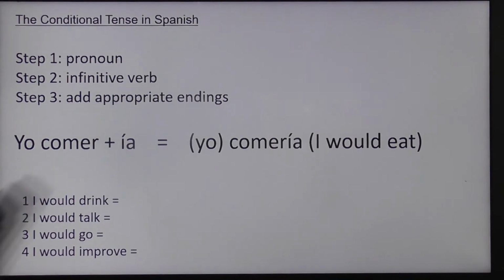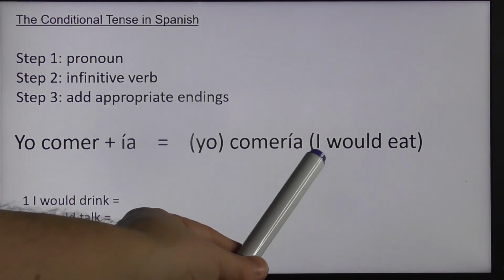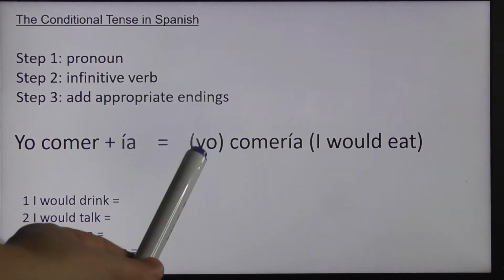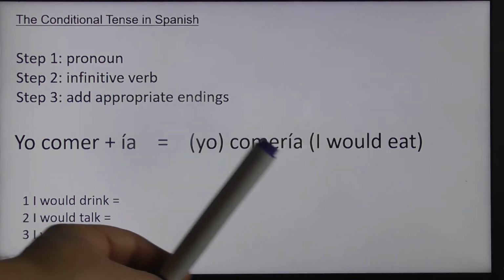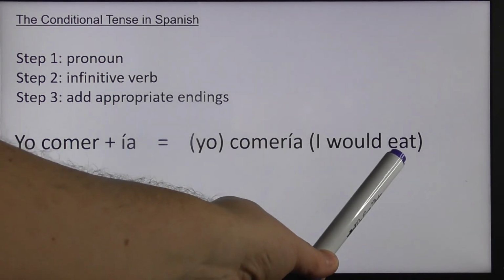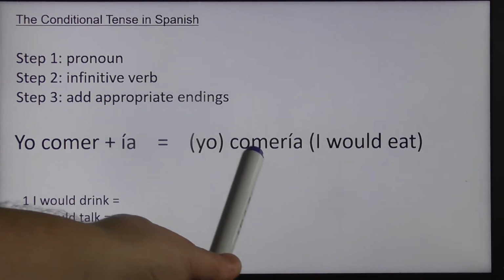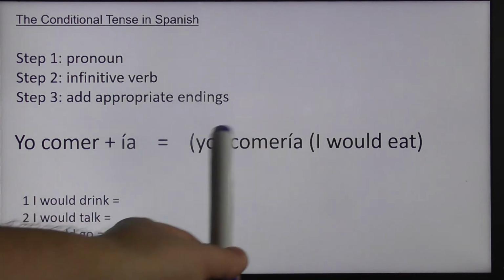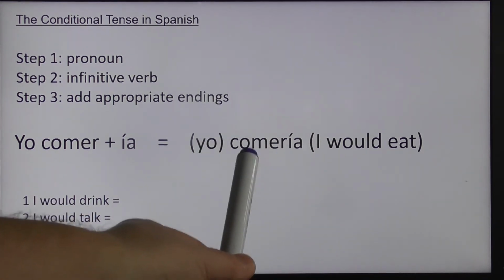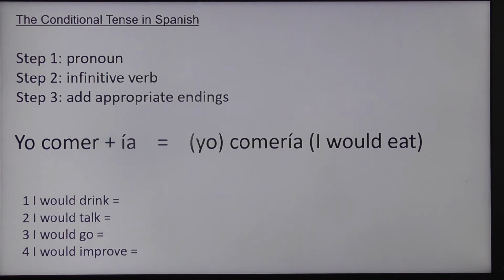So if I wanted to say I would eat, I'm going to start with the pronoun, which is optional here, yo. I'm going to take the infinitive verb to eat, comer, and then I'm going to add the ending ía. So yo comería would mean I would eat, or just comería, I would eat. Now you've seen this before lots of times when we say I would like, me gustaría. So this should be quite familiar to you.